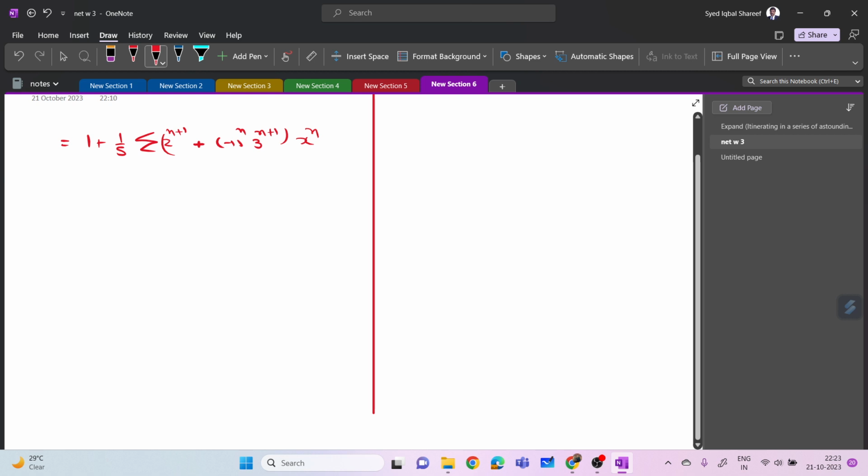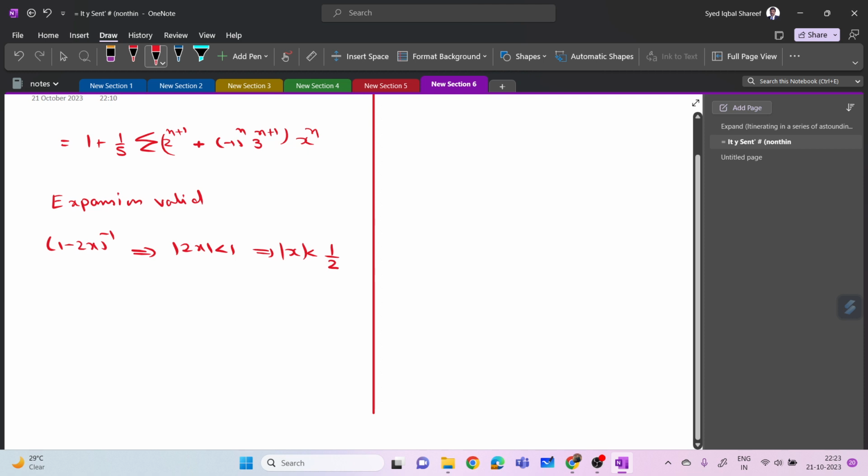Now we have to find the validity of the expansion. The expansion is valid when, here, 1 minus 2x to the power of minus 1, mod of 2x should be less than 1. This implies mod of x is less than 1 by 2.